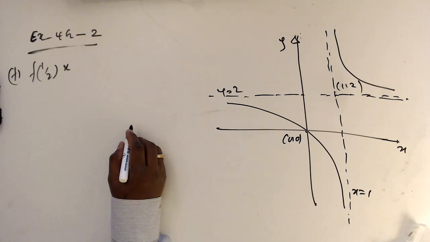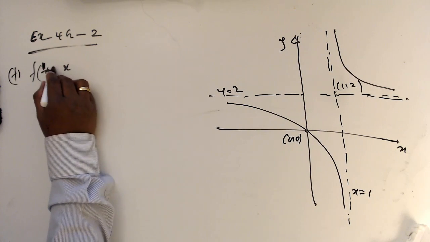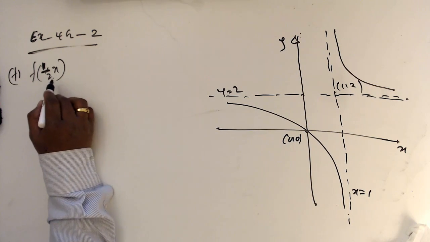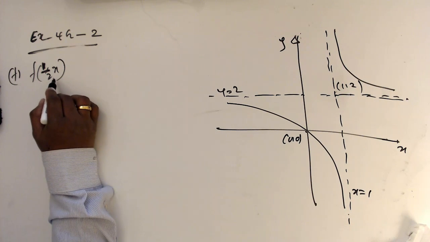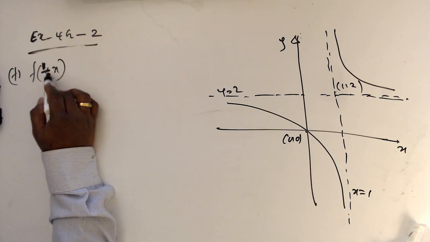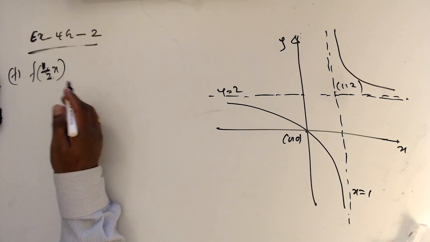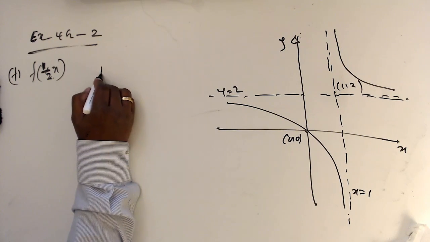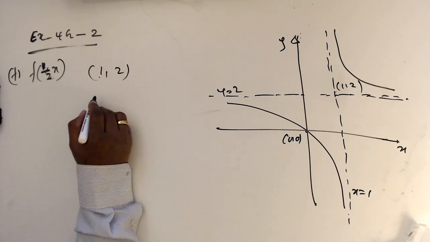This is part F. F equals f(half x). Now you know that this is going to affect the x values, not the y values. All the x values, not the y values. And you have to divide all the x values by half, or multiply by scale factor 2. Both same. Assume you have an x value 1. Let's say this is 1, 2, x value is 1. So then you have to divide.